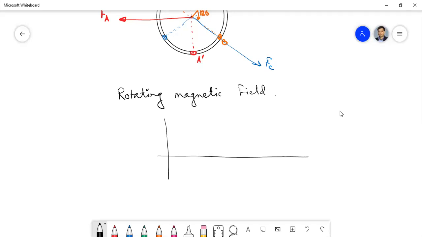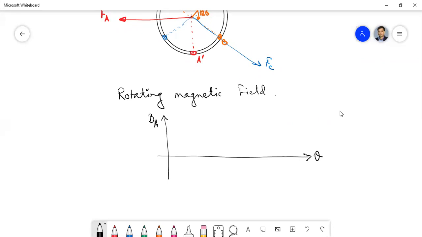Then what type of field will be generated due to that? I'm asking about the spatial distribution of that, as you have already seen in the case of the DC machine. So if I want to plot the flux distribution of the A phase winding, what will that be?